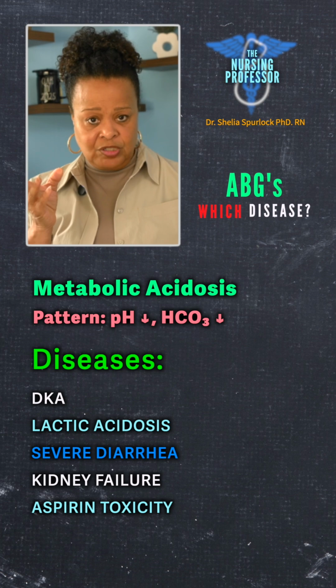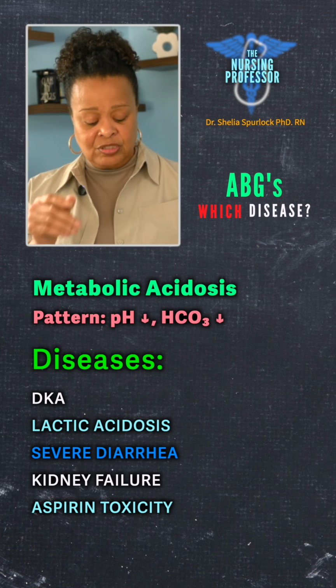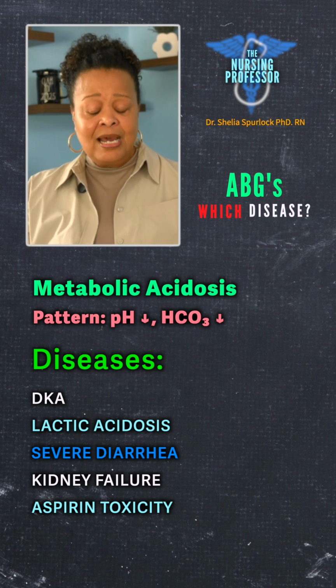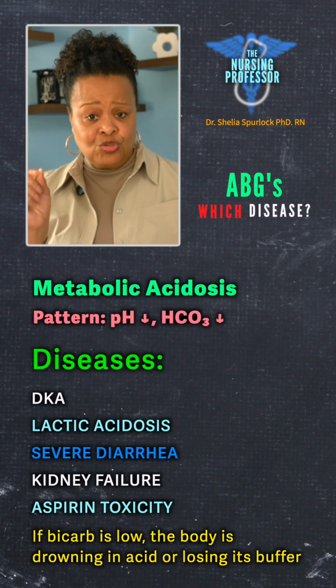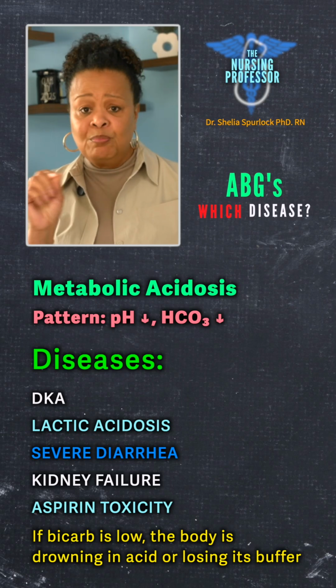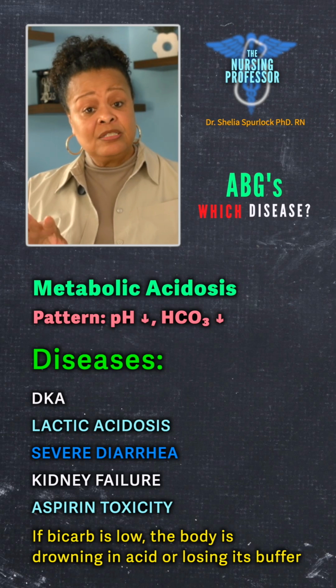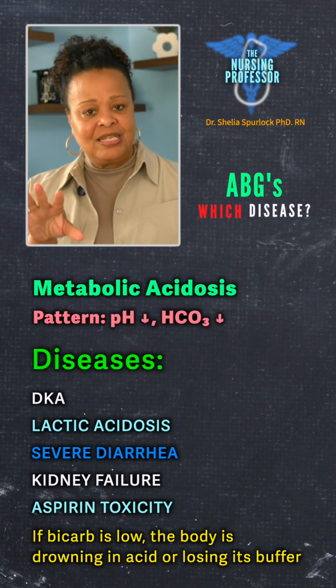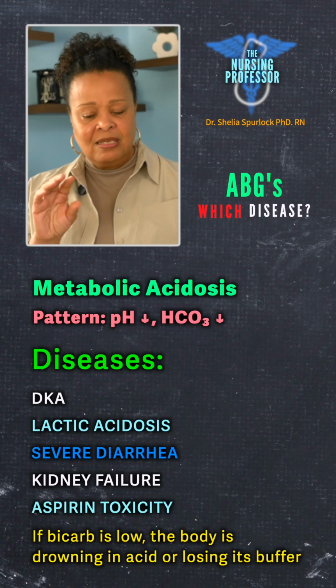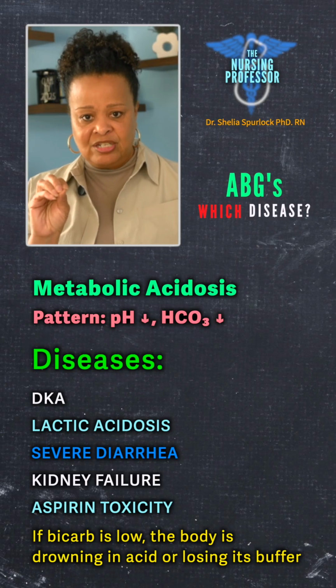Sometimes people take an overdose of aspirin, and that can also lead to that. So the key idea here is that the body is too acidic and they can't buffer it, because remember, the body's always seeking homeostasis. But in these disease processes, the body is having a difficult time managing it.